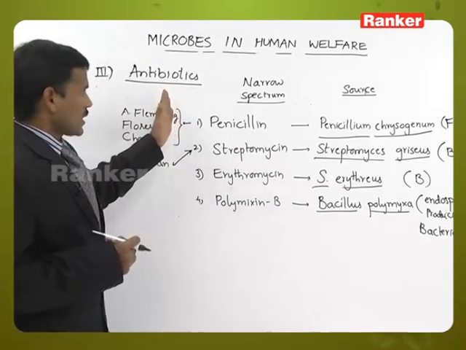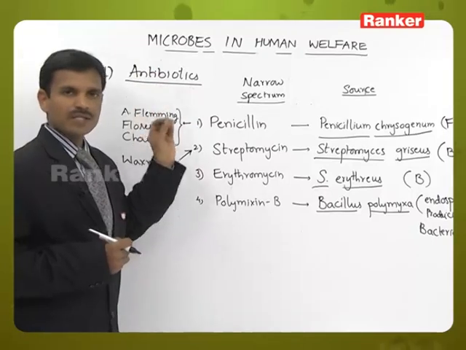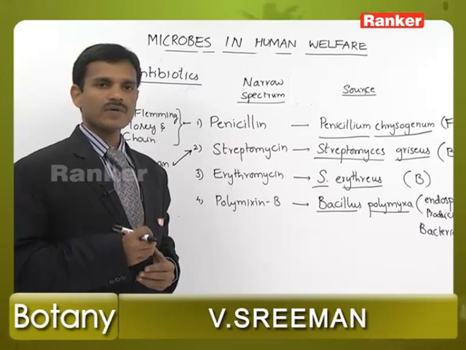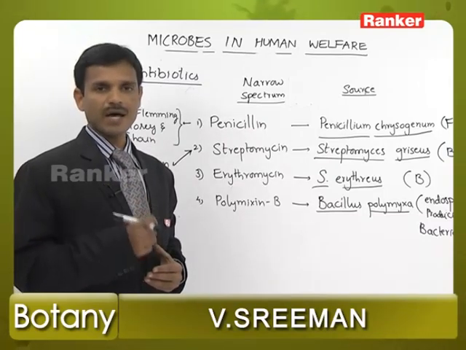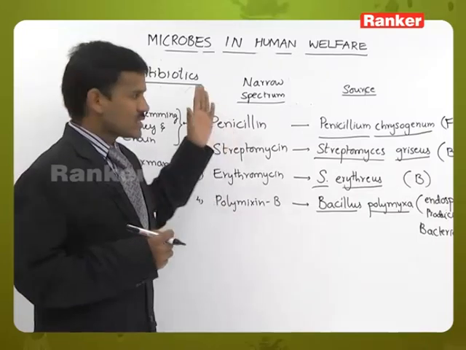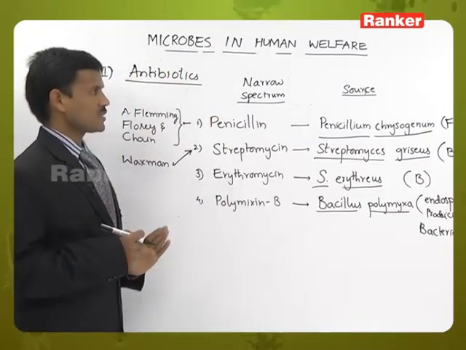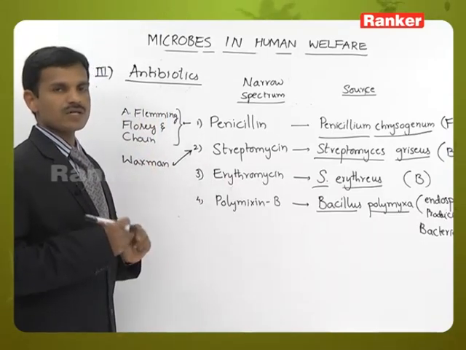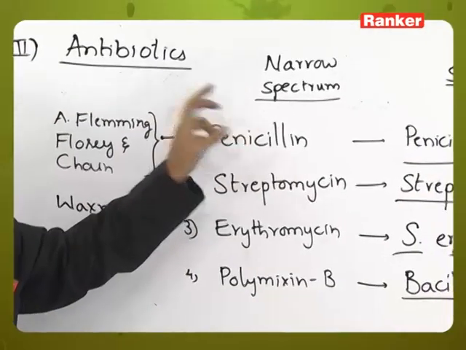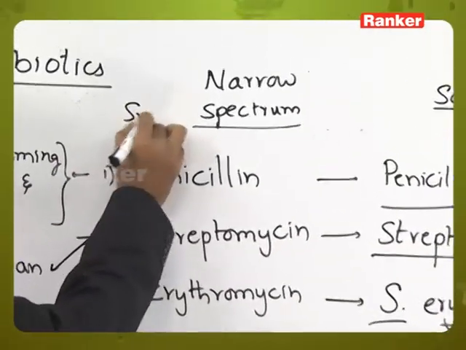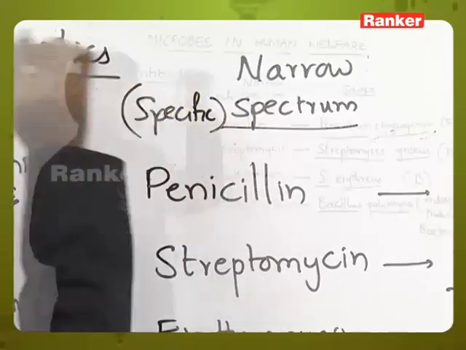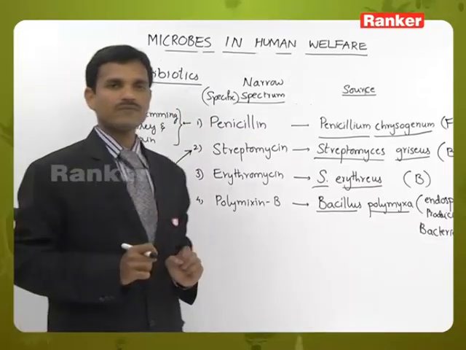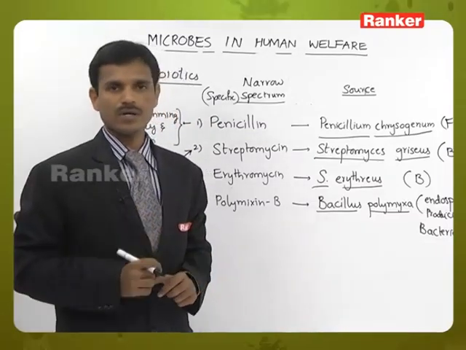There are different types of antibiotics, 8,000 of them, and most are extracted from Streptomyces species and Bacillus bacterium. They are of two types, broad spectrum and narrow spectrum. Broad spectrum can kill different types of organisms which cause disease. Narrow spectrum, also called specific antibiotics, can kill only one type or a few types of pathogens. So, that is about antibiotics.